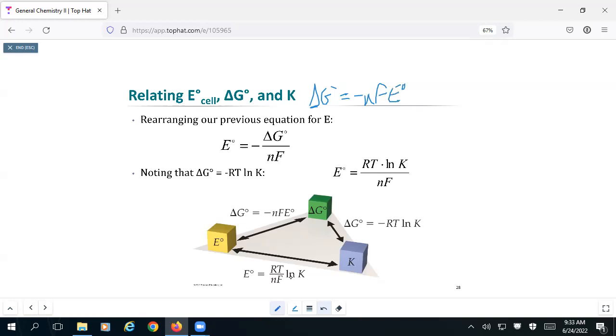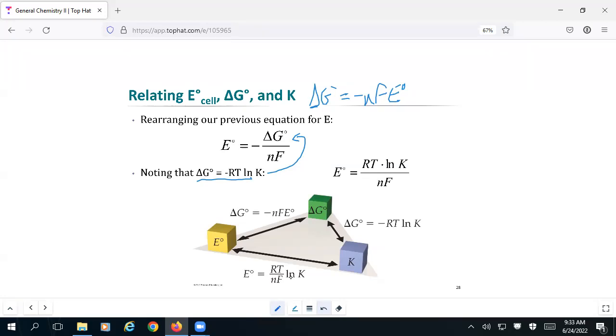Well, if I rearrange that and get E on the one side, I can substitute RT natural log of K, and I get this equation here, which gives us a relationship between the cell potential and the value of the equilibrium constant for that particular reaction.